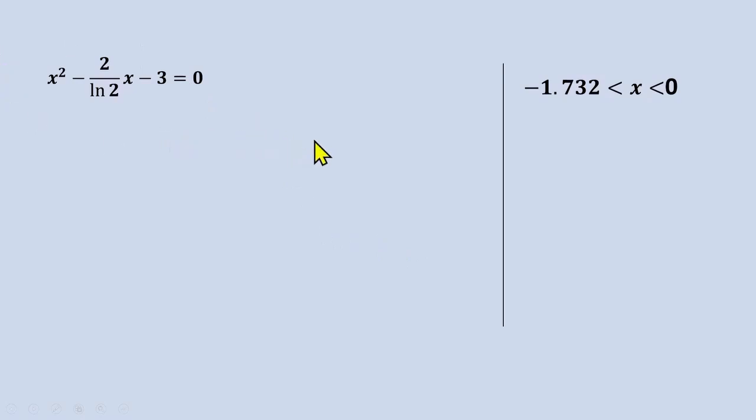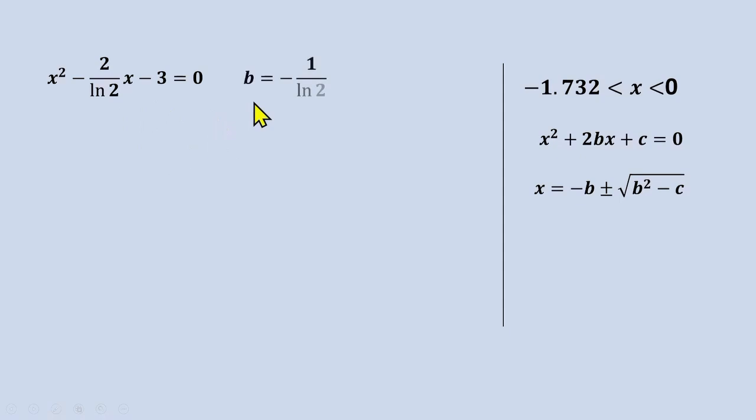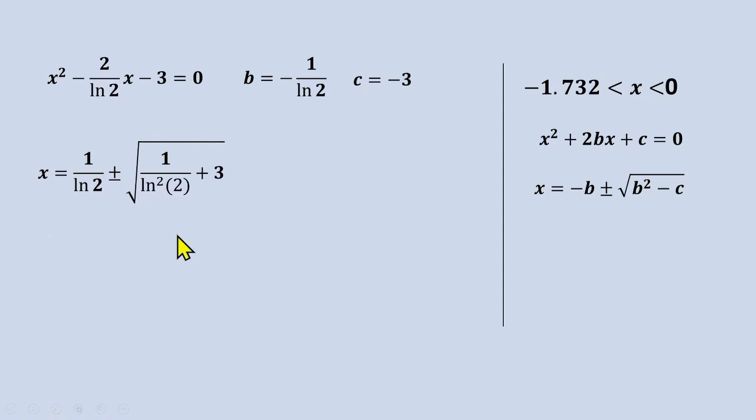We will use the formula for the quadratic equation, which has this form, and in this case the two solutions for x are given by this formula. Comparing this equation and this, we see that here b equals negative 1 over ln 2, c equals negative 3, and using these values in this formula, we will get two solutions of this equation.